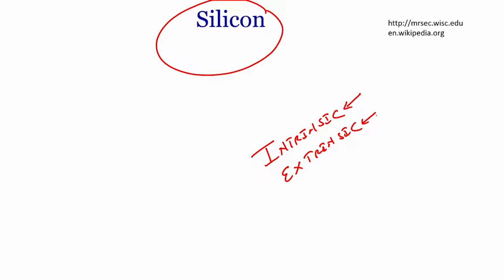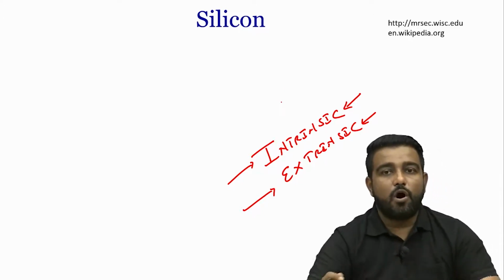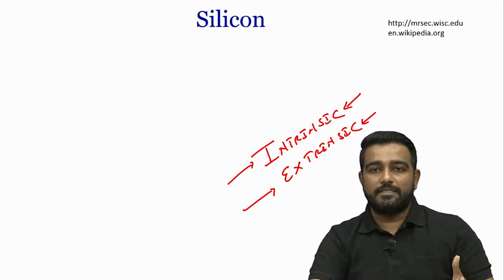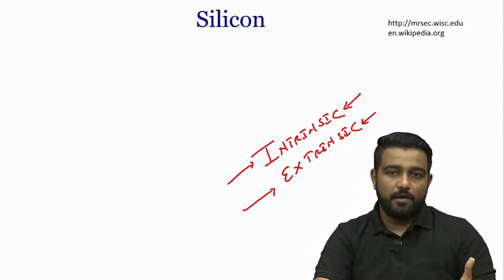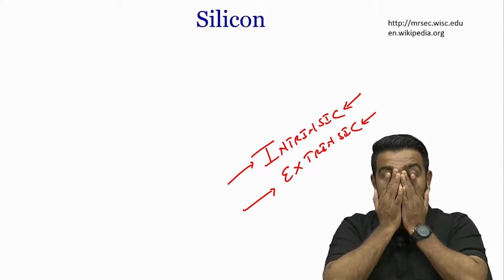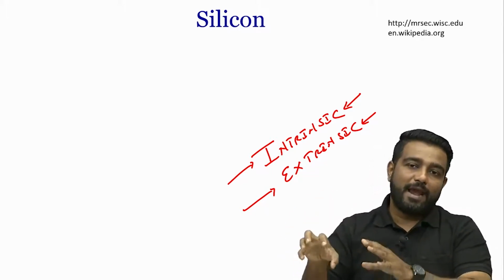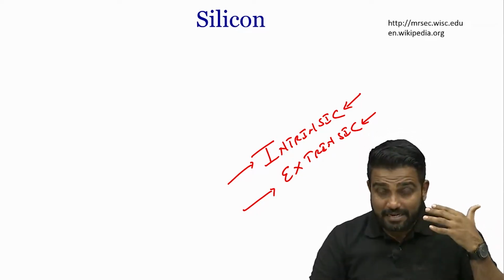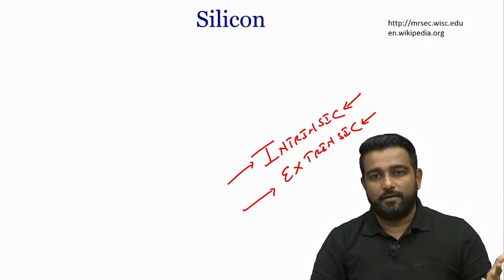This is what I expect you should know. For people who do not know, I am just giving you the definitions. Intrinsic is where the material is not doped with any kind of impurity, that is how we say it is an intrinsic kind of material. When you dope a silicon wafer with any dopant, like an N type dopant or a P type dopant, then we say it becomes an extrinsic kind of material.